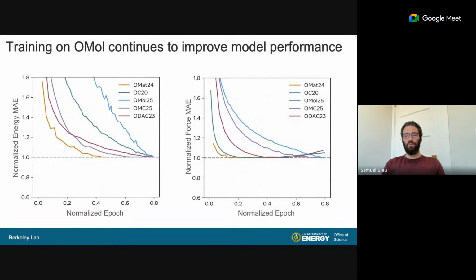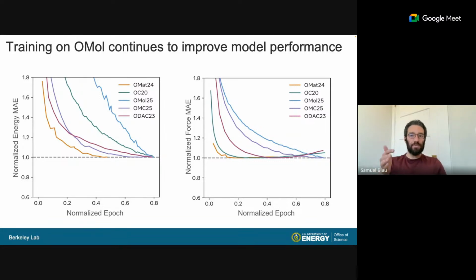One thing I want to call out briefly here is from the UMA paper, that I find pretty interesting. When they're training these single task models on the different data sets, the OMAT and OC20 and basically all the previous non-OMol data sets for the most part, they start to overfit pretty quickly, like just 1 or 2 epochs, and your validation error is going up. But for OMol, they don't. They just keep training.